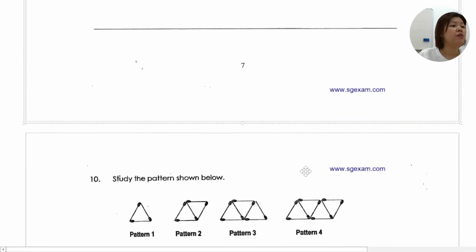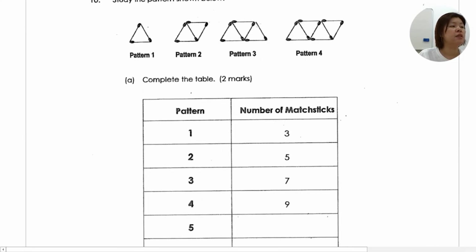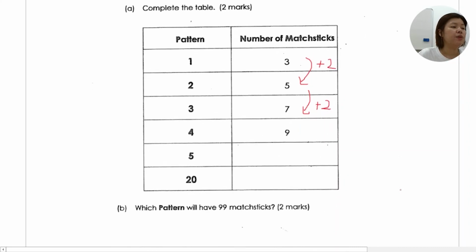Okay, let's move on to the next one. This is pattern. Okay, study the pattern below. If you see the pattern, each time it moves, it's actually plus 2. And each time is plus 2. Okay, so we're going to find our pattern number 5.